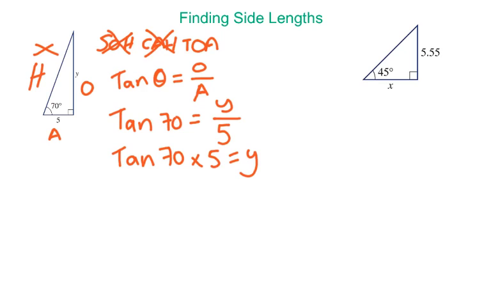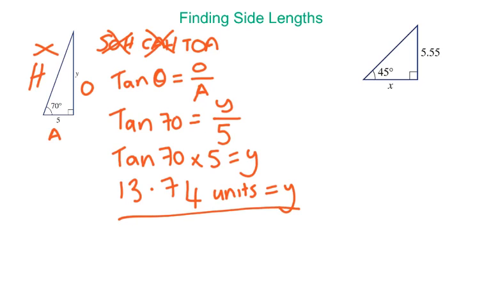I complete the calculation and I get 13.73738. Now rounding it to 2 decimal places, that's going to be 13.74. There are no units, so I'm just going to write units equals y. And that is my final answer.